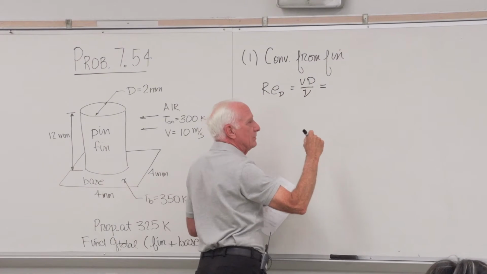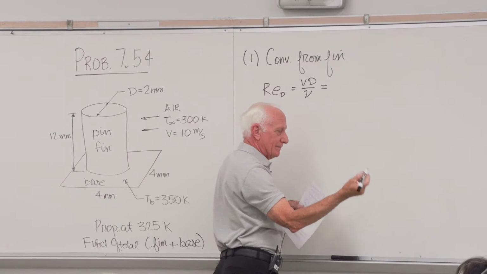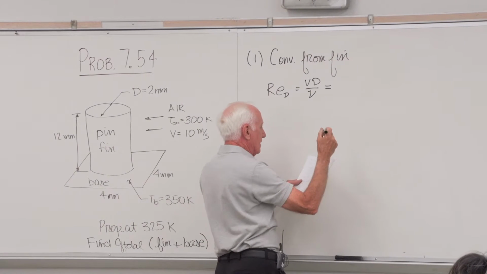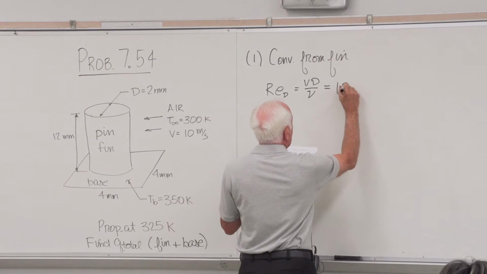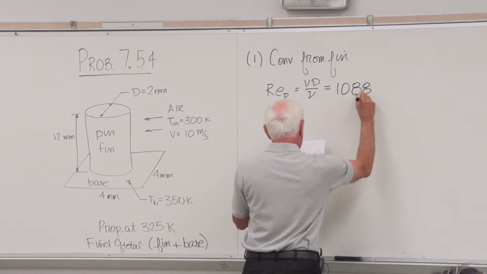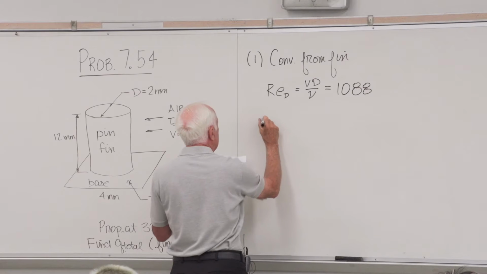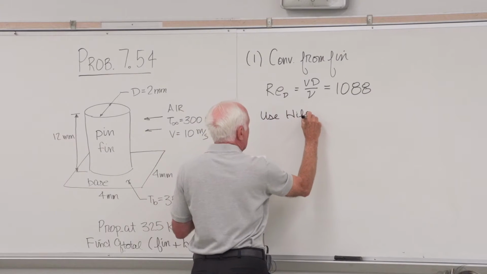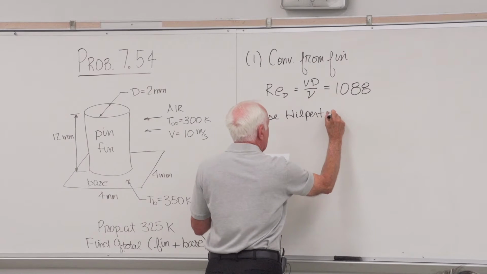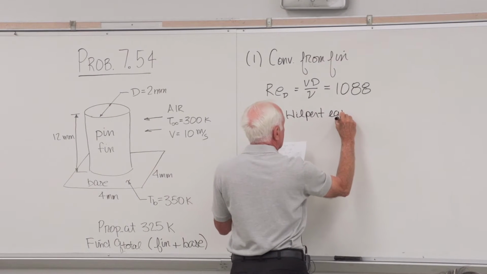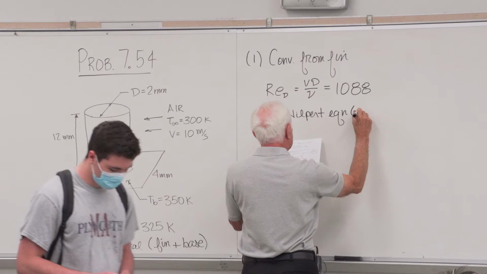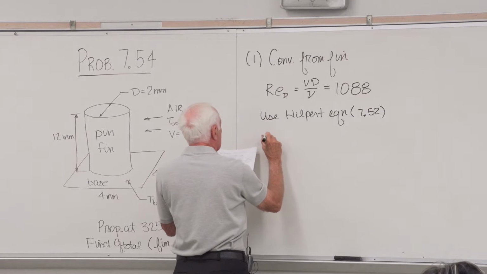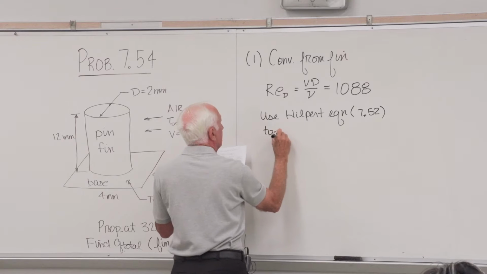We know the velocity, we know the diameter, we can find the kinematic viscosity in the back of the book tables at 325 Kelvin. That's 1088. And then we use Hilpert's equation, 7.52, to get h.